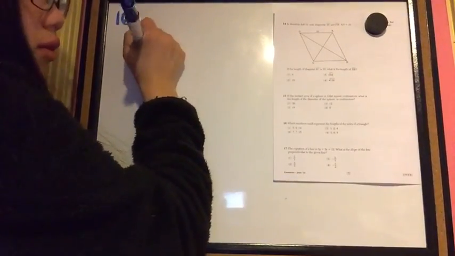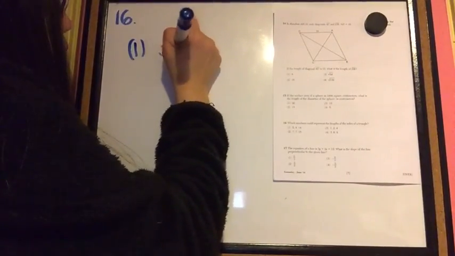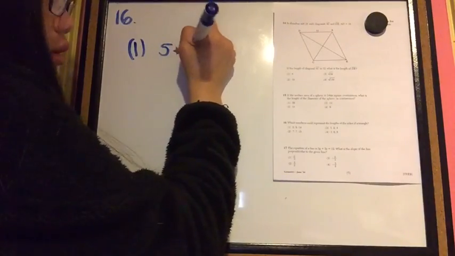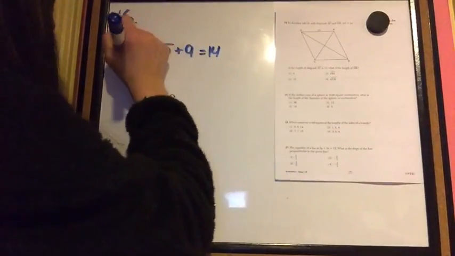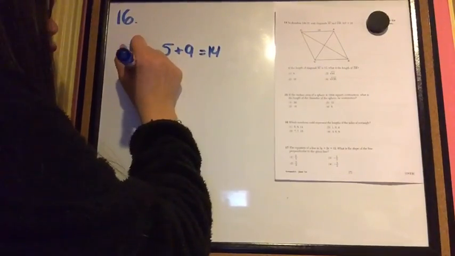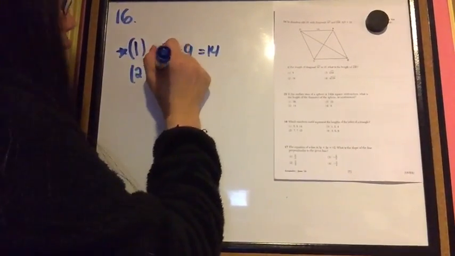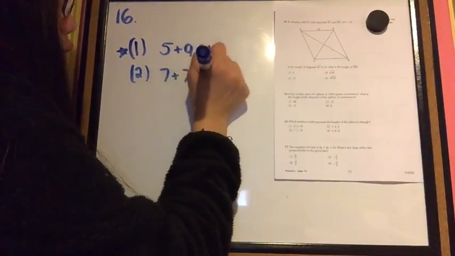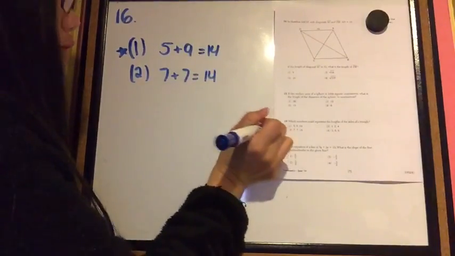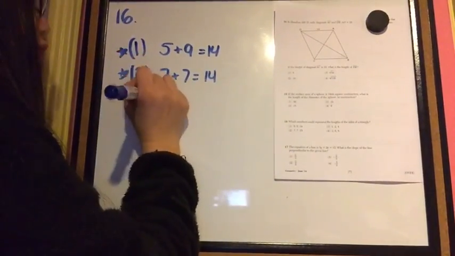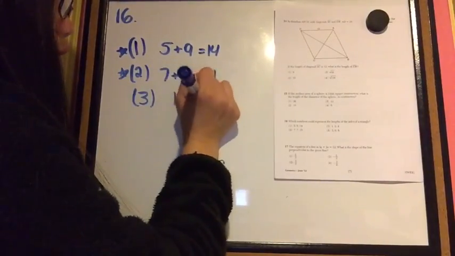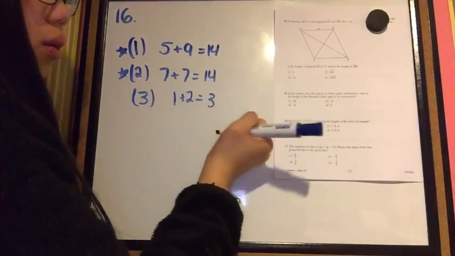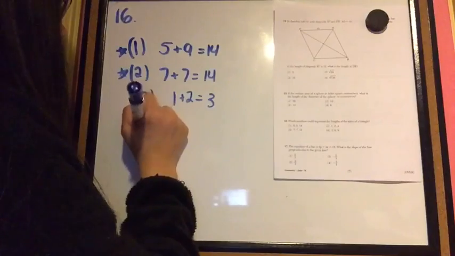In number 1, 5 plus 9 equals 14, and the longer side is 14, so that one works. Number 2, 7 plus 7 is equal to 14, and the bigger number is 15, so that also works. 3, 1 plus 2 is equal to 3, which is smaller than 4, so that one works.